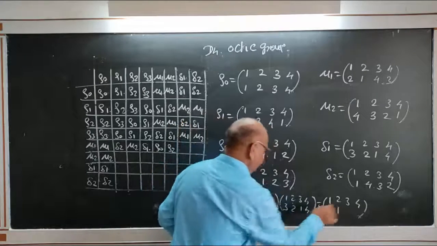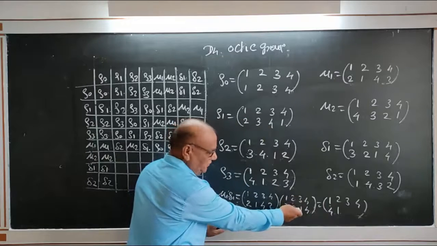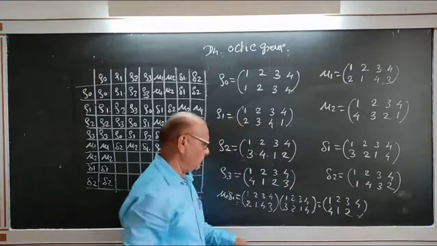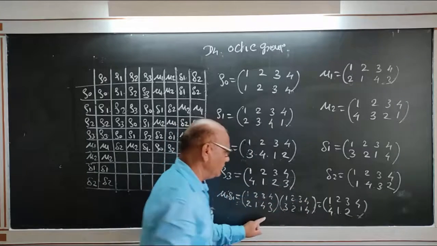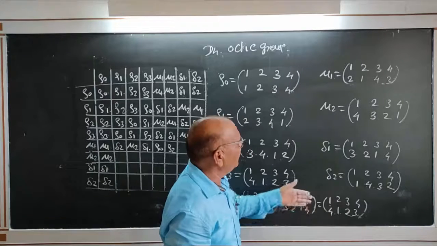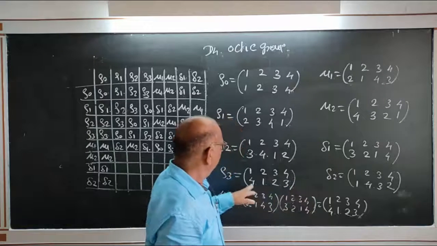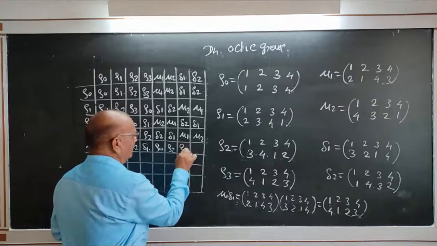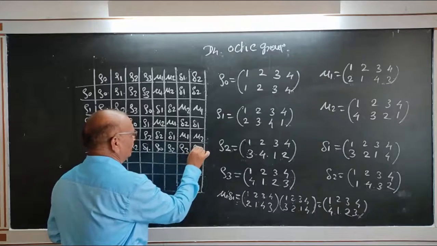Here 3 goes to 1. Here 1 goes to 2. Now 4 goes to 4. Here 4 goes to 3. This is 4, 1, 2, 3. Here row 3. This is row 1.